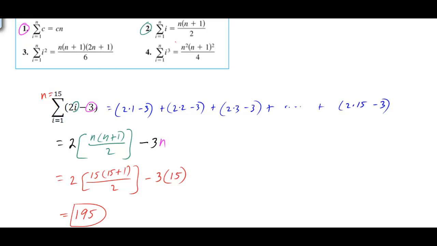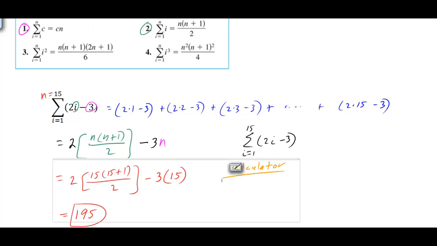Now, I do want to look at an example of how we can take this same problem where we have the sum of I equals 1 to 15, 2i minus 3, and I want to look at how we can use the calculator to solve this particular problem for us.